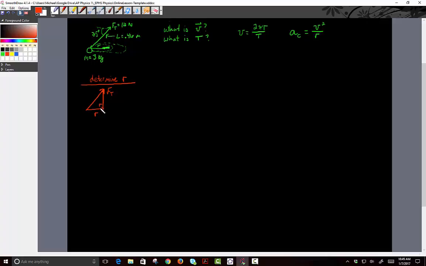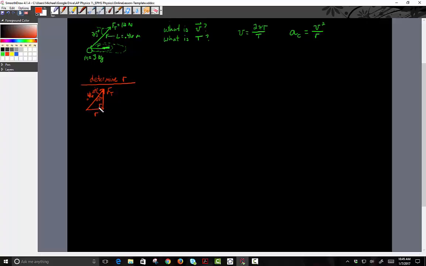All I care about is completing my right triangle, because I know that the length of this is 0.46 meters. So I know this angle is 25, and I know that there's a right angle right here. So this missing angle here is going to be 65. I know that's really small, but all I did was subtract 90 minus 25 to get the 65.